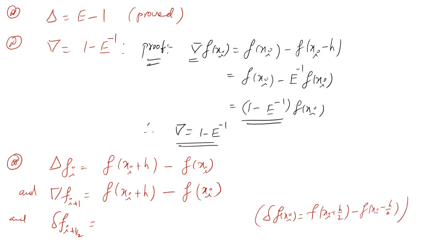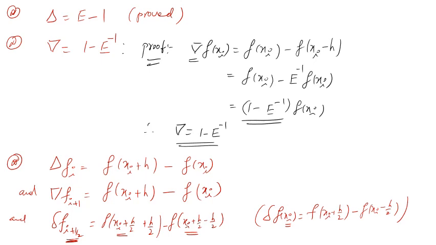This is the definition of central difference. Now in place of i, it is i plus one half. Therefore f of xi plus h by 2 plus h by 2 minus f of xi plus h by 2 minus h by 2. This part is i plus one half.